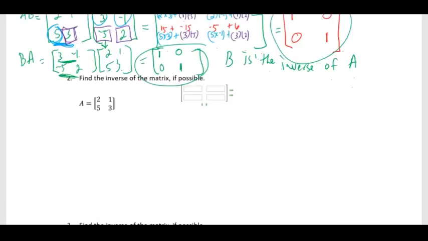So we want to find the inverse of a matrix. In order to find the inverse of the matrix, there are 3 different ways that you can do this. Actually, in fact, there's 4 different ways.